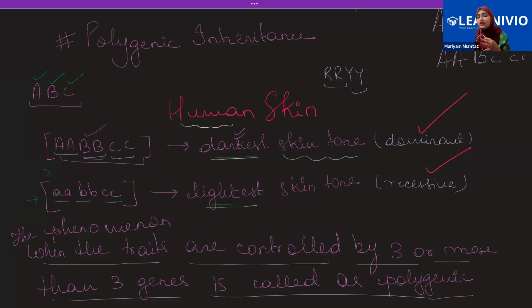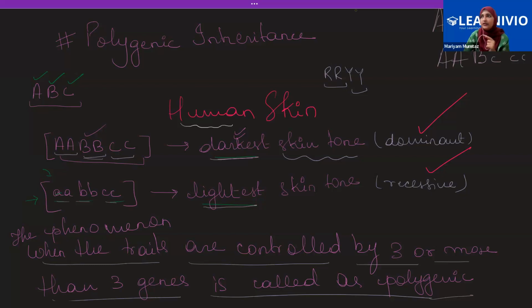So remember that the human skin color is not influenced by one, by two, but three genes. If capital A, capital B, and capital C genes are present, then that person will have the darkest skin tone. And if small a, small b, small c is present, that person will have the lightest skin tone.